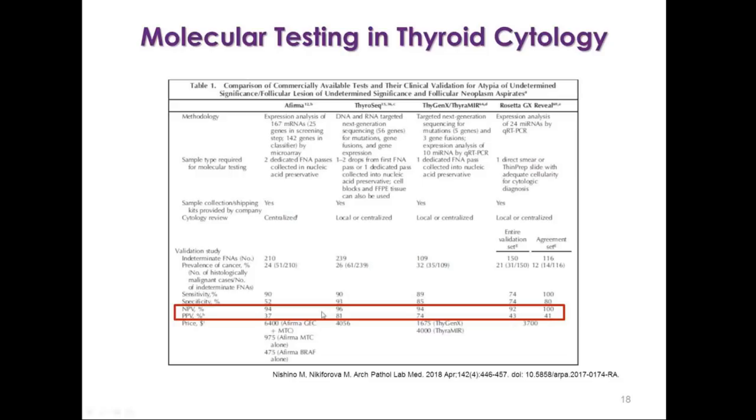Afirma testing, for example, is widely used as a rule-out test, so its negative predictive value is really good. ThyroSeq, also widely used, has gone through several versions, and I think the numbers shown here are from ThyroSeq 2. However, they have recently launched ThyroSeq version 3.